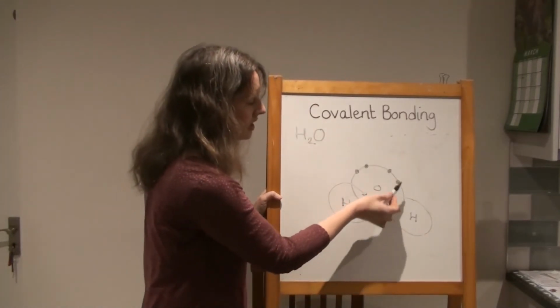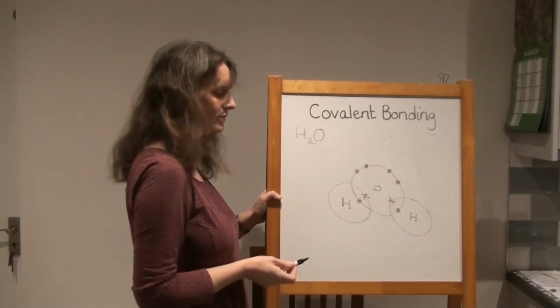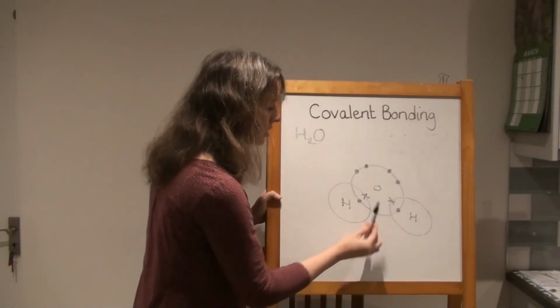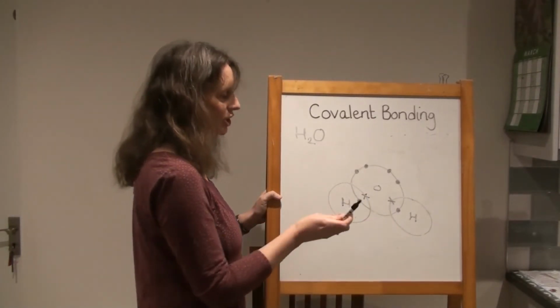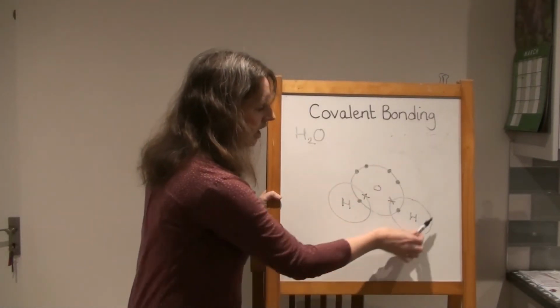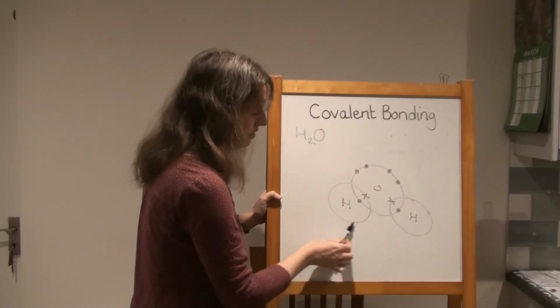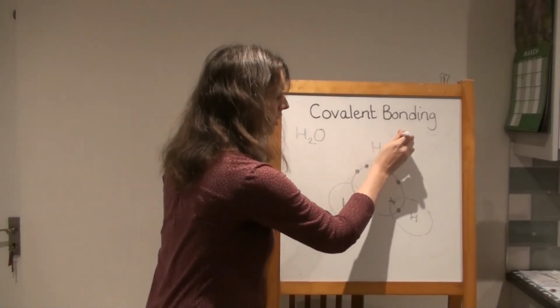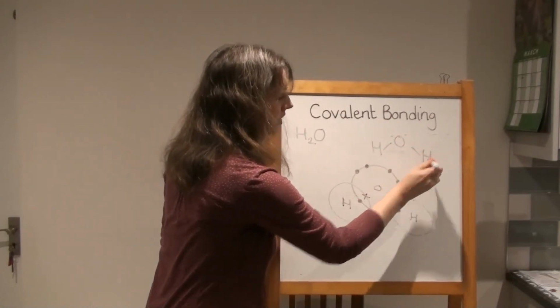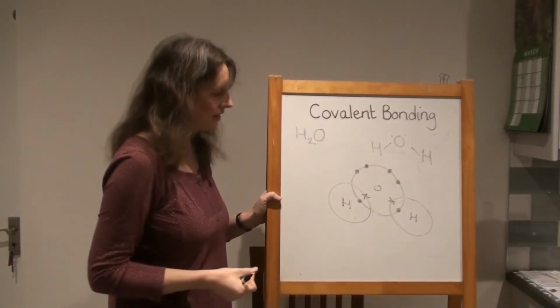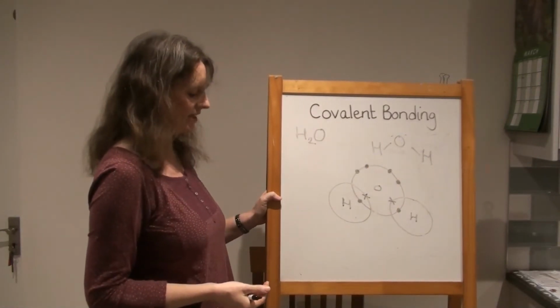So oxygen, 6 dots, or crosses is fine if you chose crosses, and hydrogen, 1 cross in this case for each. Check. Oxygen now has a total of 8, hydrogens have a total of 2. So you have HOH. Don't worry if you haven't drawn it with this angle, that doesn't matter at this stage.